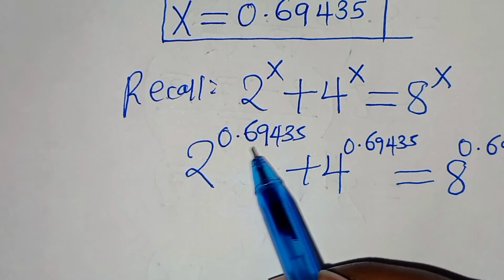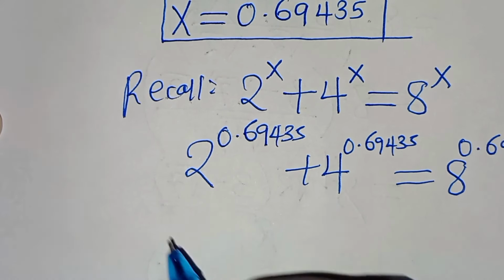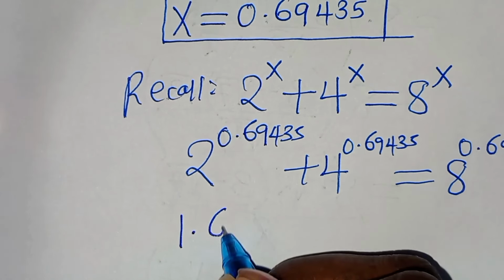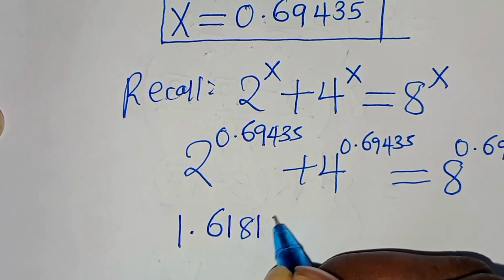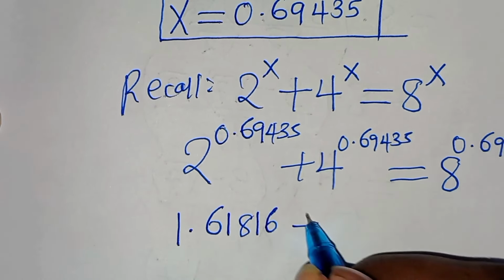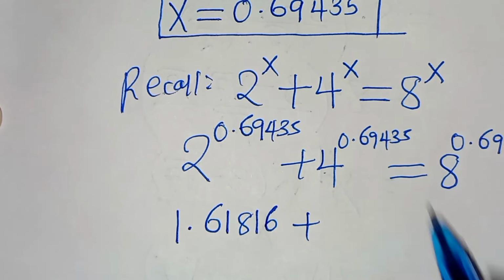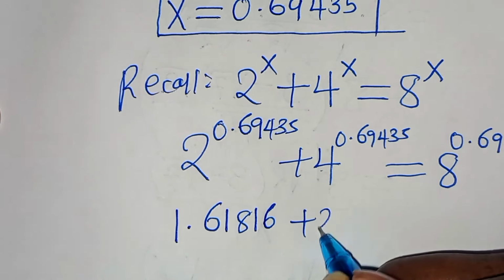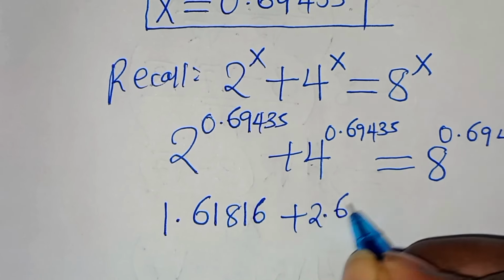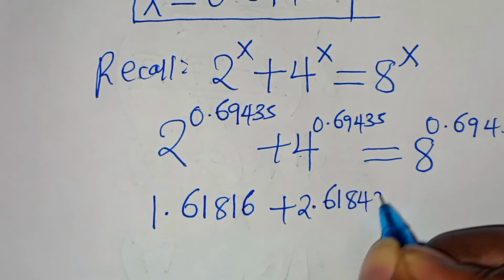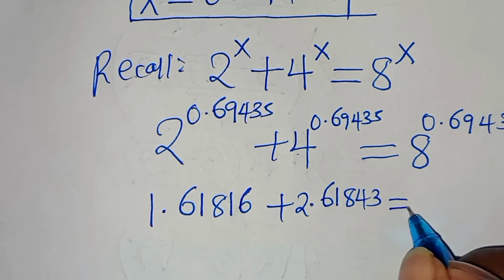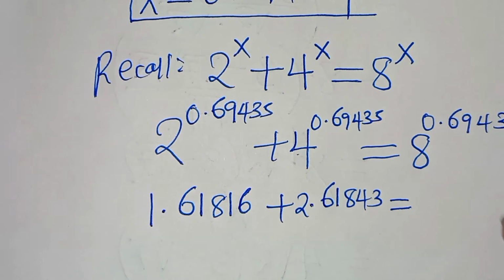Now 2 to the power of 0.69435 is the same thing as 1.61816, and then plus 4 to the power of 0.69435, which is the same thing as 2.61843.